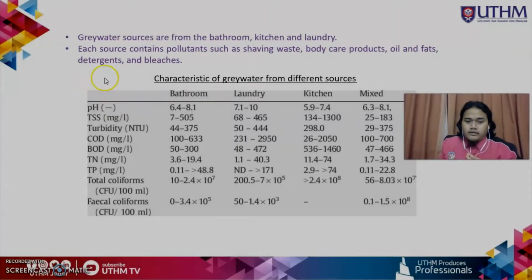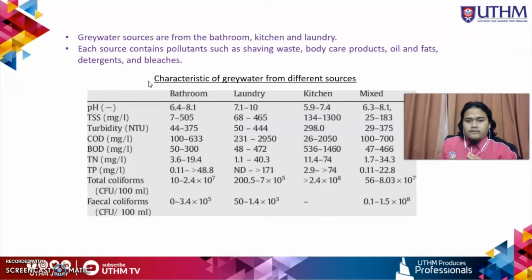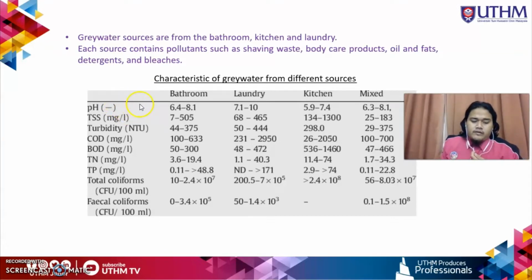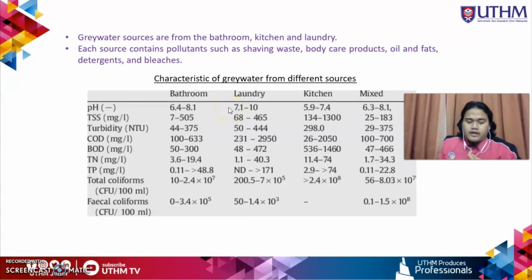As you can see here on the table of characteristics of greywater from different sources, the highest pH for the greywater type is laundry. This is because laundry detergent contains sodium carbonate, which has high alkaline cleanness.